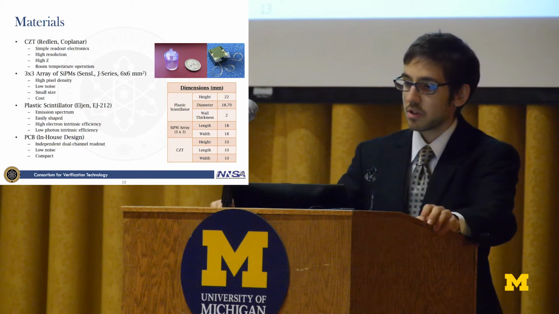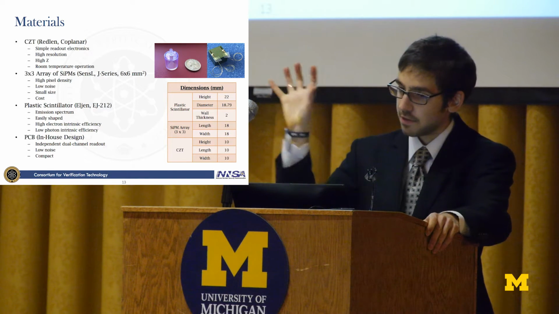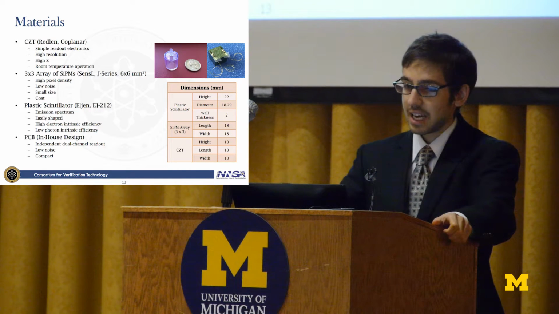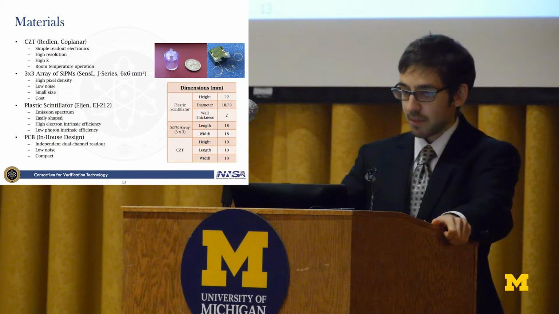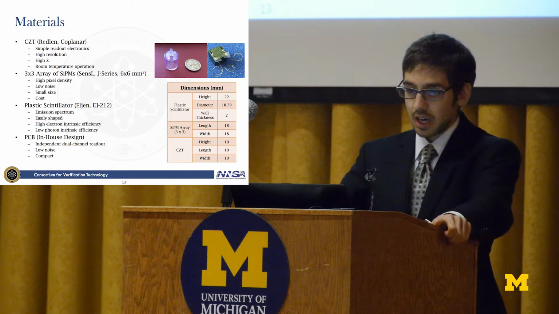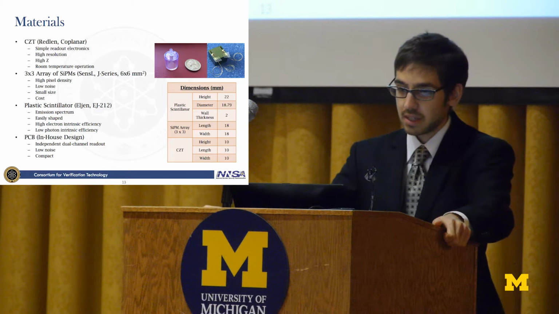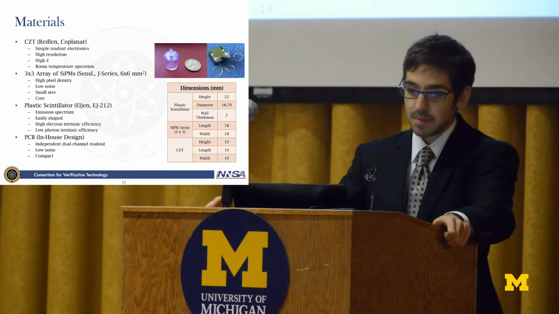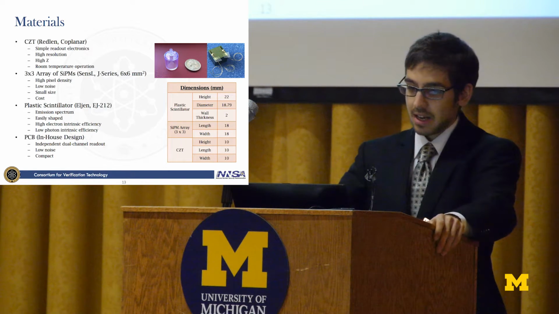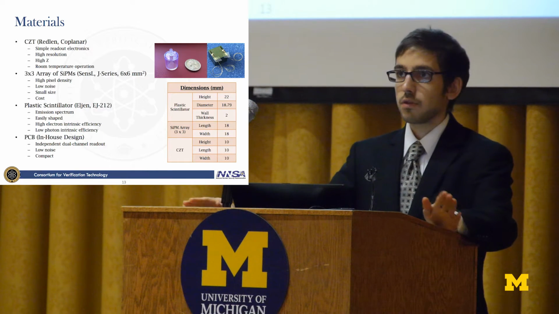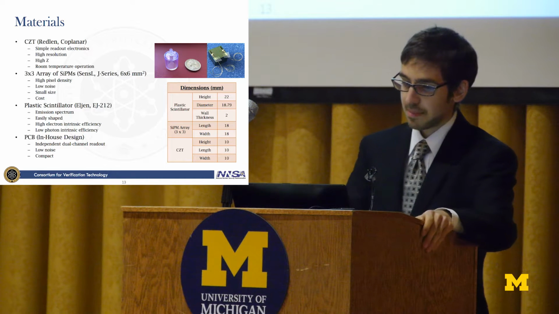There's almost no border, so you have a really high effective light collection area. For beta and electron detection, we used a plastic scintillator from Eljen, EJ-212. We chose this because it's very well matched to the J-series SiPMs, and our PCB was designed in-house. It has dual channel readout, one channel for the CZT and one channel for the SiPM array.